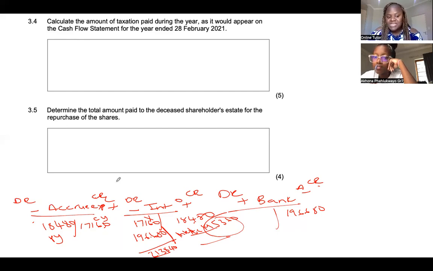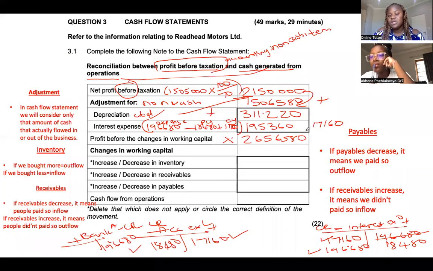That's why we are minusing it now. For every debit, there's its credit. And then the current year, they told us we paid, our bank is decreasing, there's its credit, so there's its debit. Then we just balance our T account, and that gives us 195,360, which we take to our calculation over here.